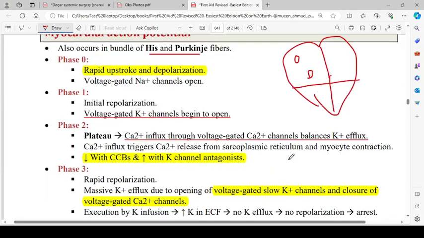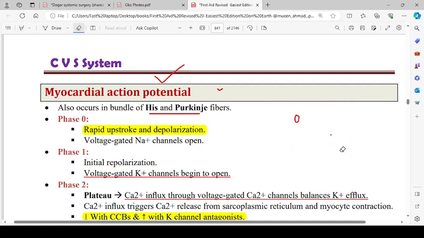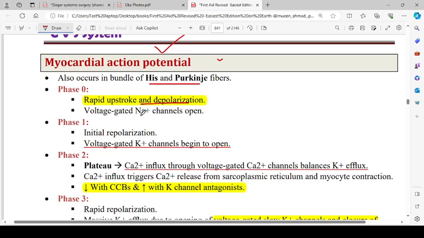So the myocardial fibers, the muscles of the heart, and the bundle of His and Purkinje fibers, which is present in the interventricular septum, have an action potential which looks something like this. Firstly we have phase 0, rapid upstroke and depolarization, voltage gated sodium channels open.